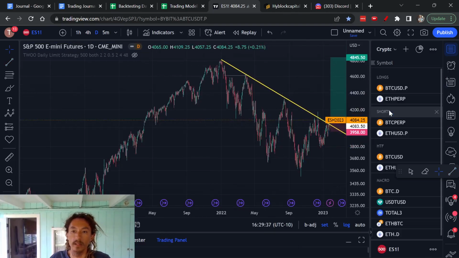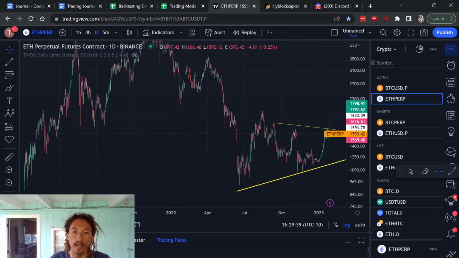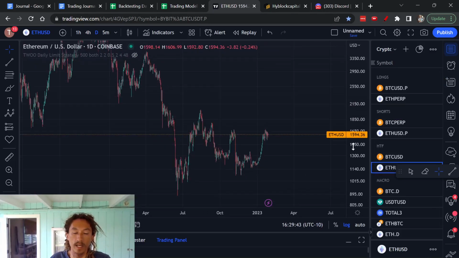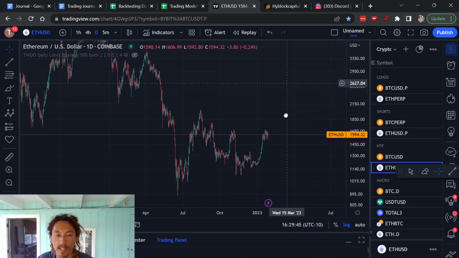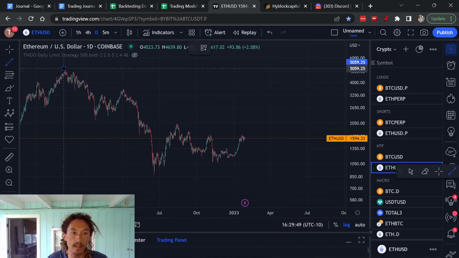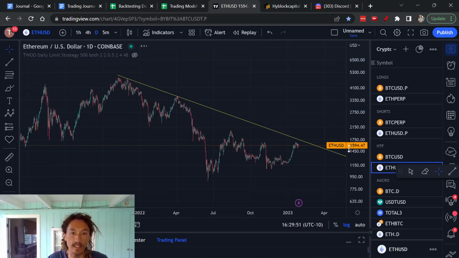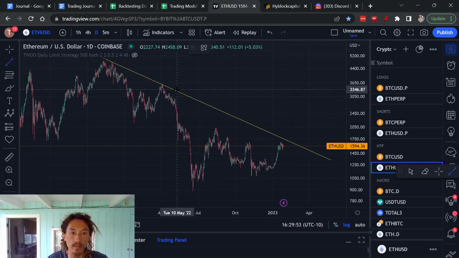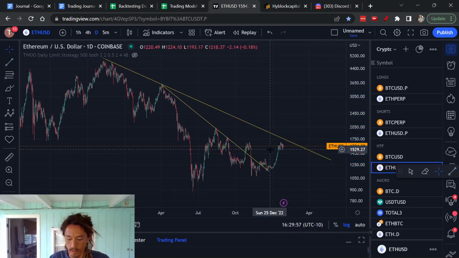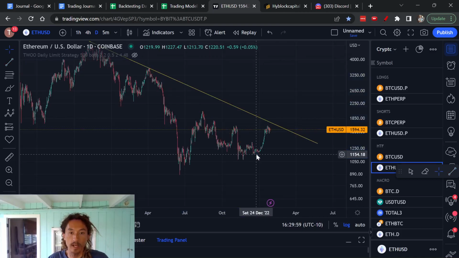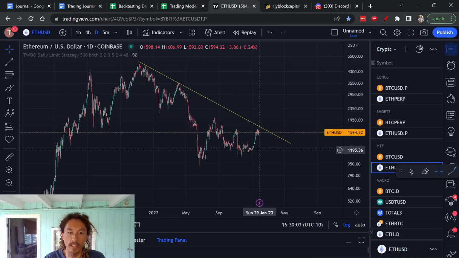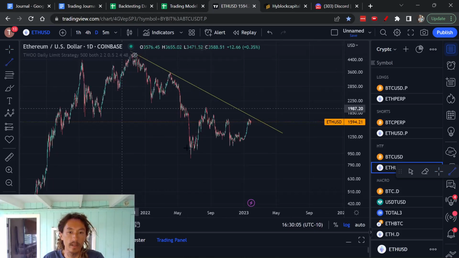So let's go back to Bitcoin and Ethereum and ask where we are. So Ethereum does have one high time frame trend line that is somewhat nearby, which is a trend line like this above us. Other than that, we've broken all of them, and there's nothing locally. So it's hard to say that we're going to continue to trend right now.